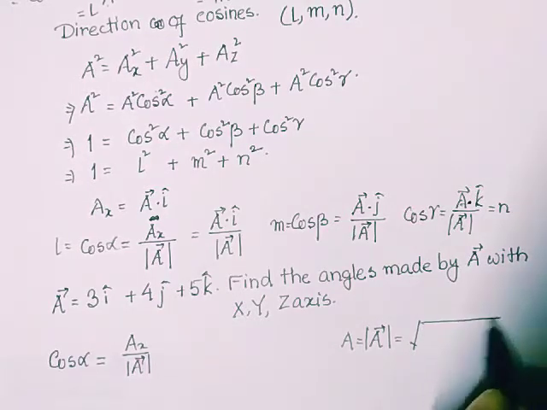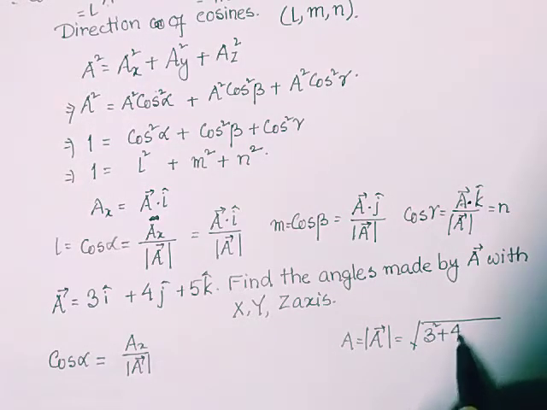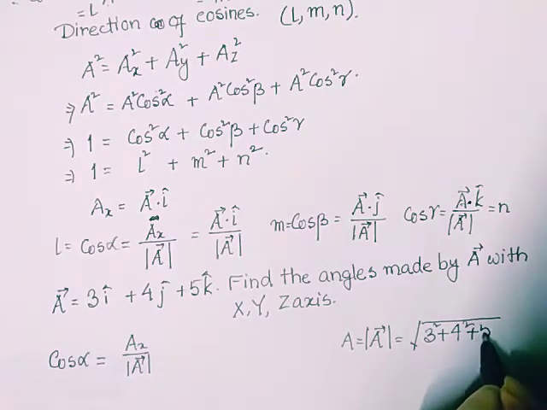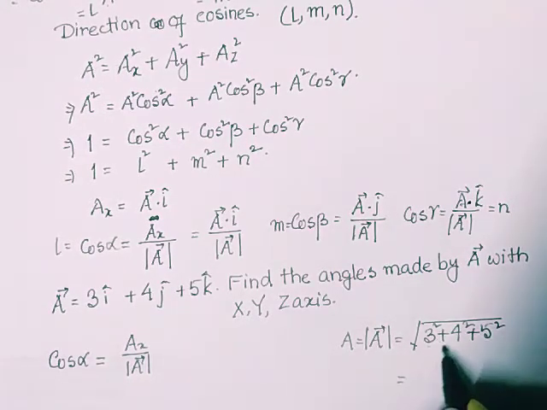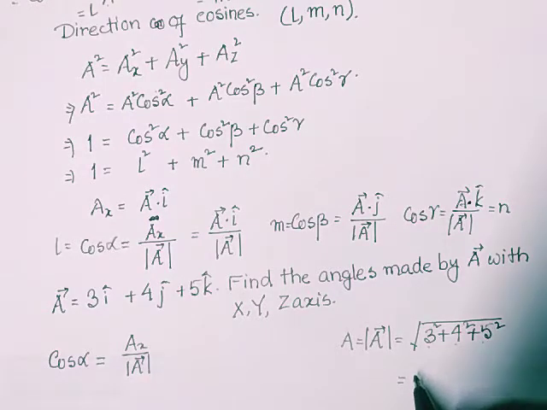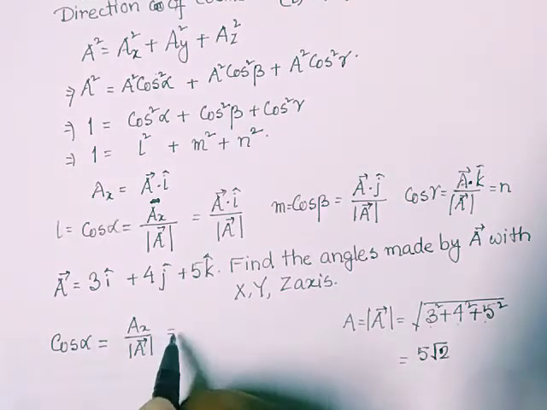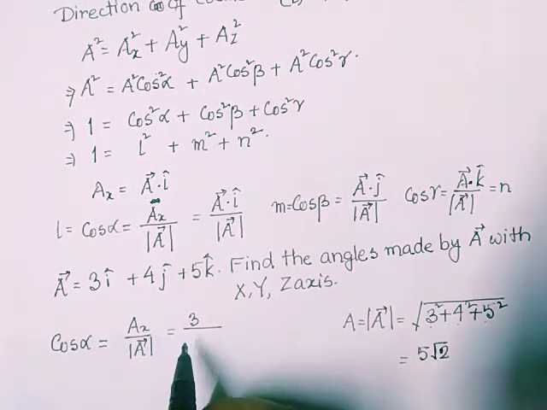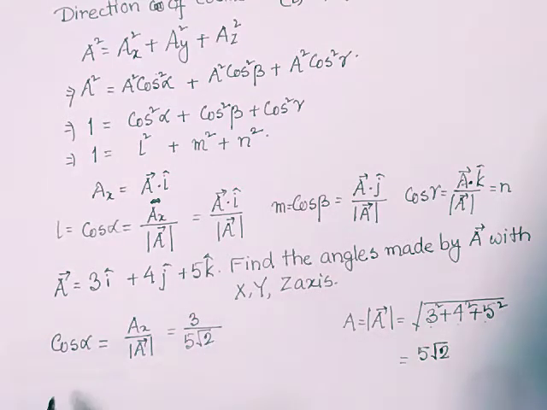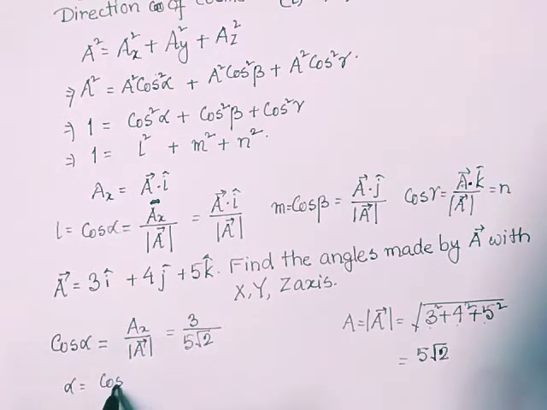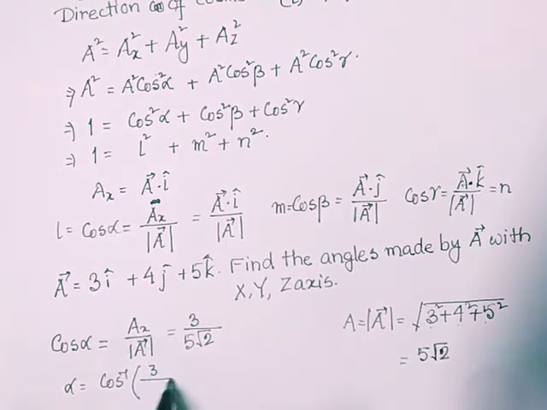So it will be root over 3 square plus 4 square plus 5 square. 9 plus 16 plus 25 is 50, so it will be 5 root 2. So ax is 3 divided by 5 root 2. So alpha equals cos inverse of 3 divided by 5 root 2.